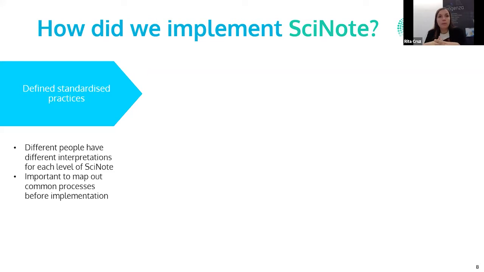But when you're inputting data, sometimes two people who input an identical experiment in SciNote might choose a different way to do it, because it might make more sense for one person to use the protocols tab, another person to use the results tab, or some people break down every single tiny pipetting step into a task, and others will have a broader scope definition for what a task is.